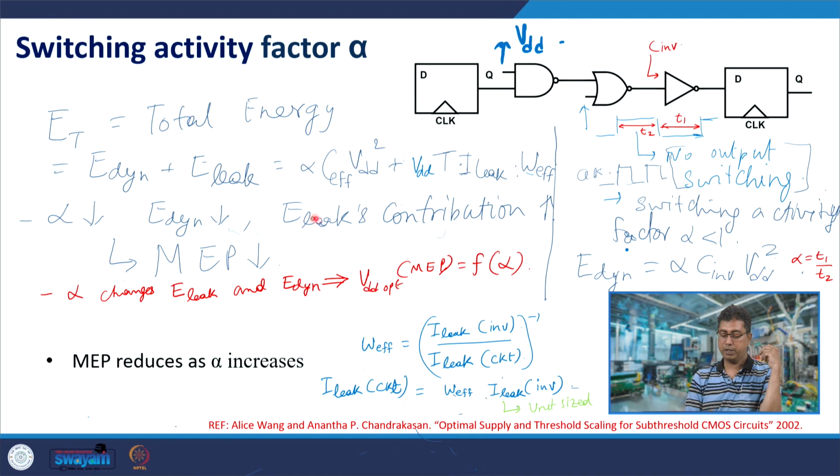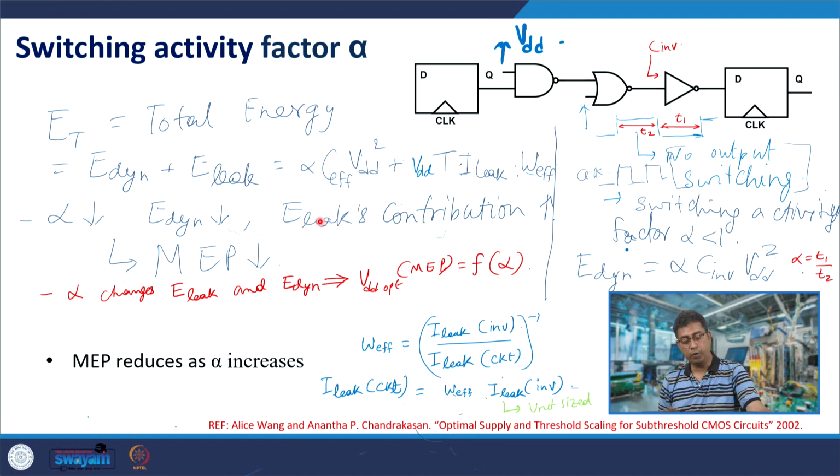And what is leakage energy? Leakage energy is flowing for the entire clock period, and so you can take an average leakage current. So, leakage energy would remain the same because you are not changing the time period. So, leakage energy's contribution would remain the same. So, in overall total energy, leakage energy's contribution increases.